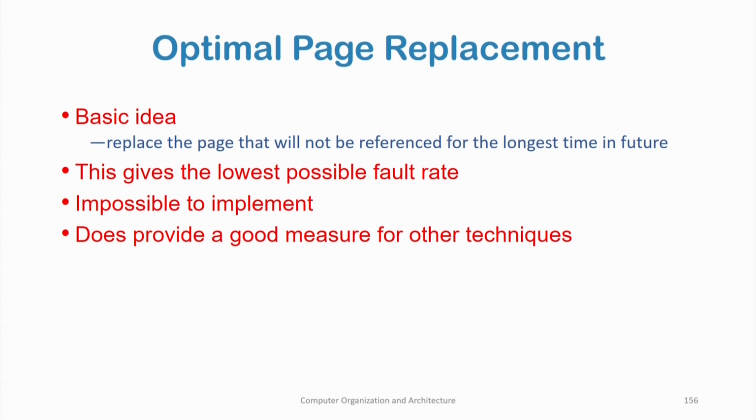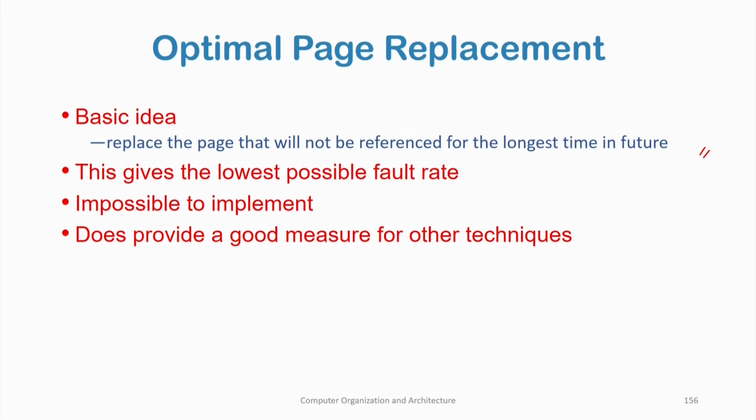Before proceeding to the next actual algorithm, we will go into a hypothetical algorithm which cannot exist in practice, but is used as a measure of comparison for all other algorithms. This one is called the optimal page replacement algorithm. What is the basic idea? I replace the page that will not be referenced for the longest time in the future.